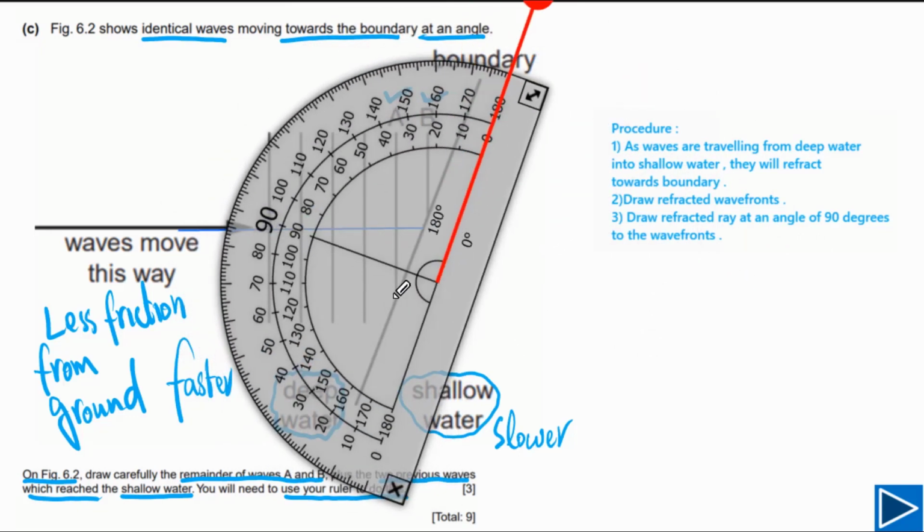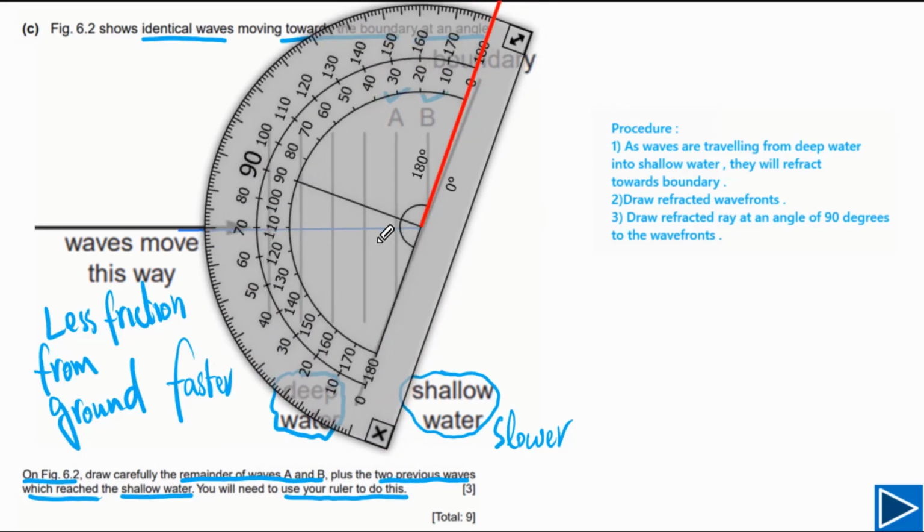So this is how we need to align. We will align our protractor here and we will draw the normal line. We will draw the normal from here. So this is the normal to the surface. We can make it a little bit short. We don't need to draw too long. So this is our normal line.